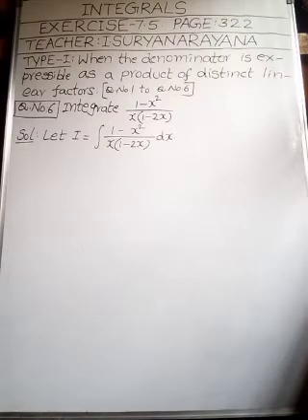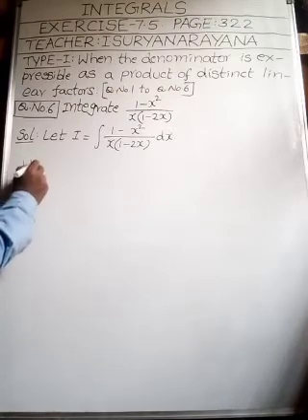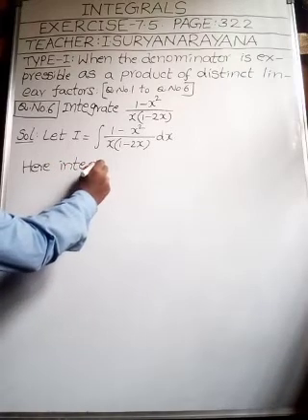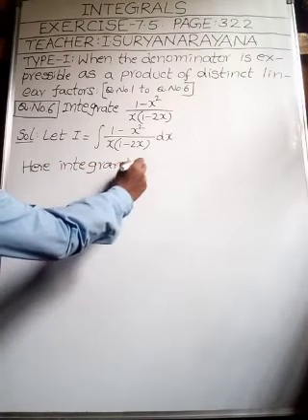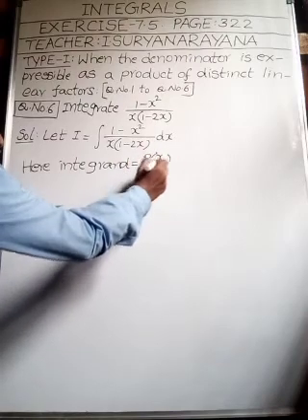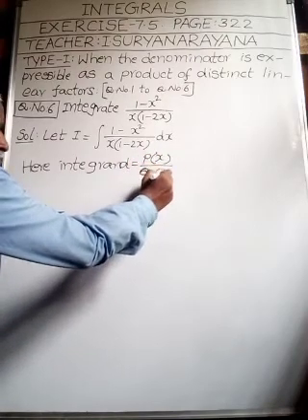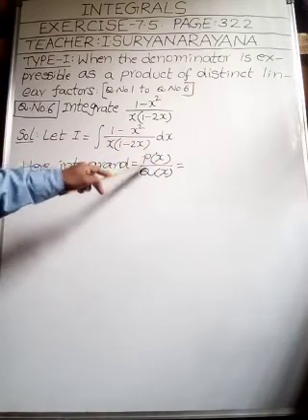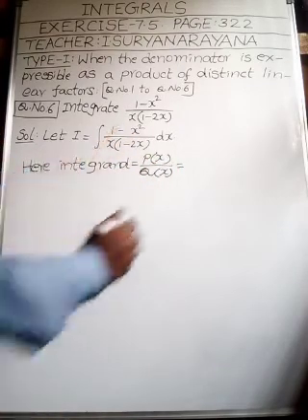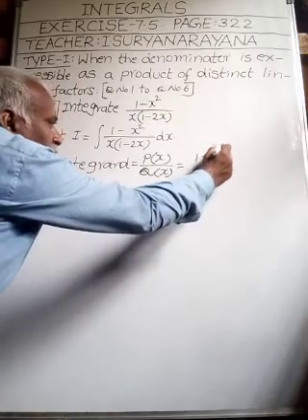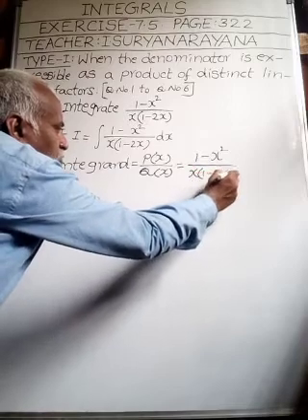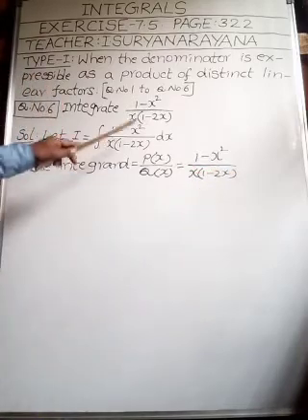Now let us write the integrand. The integrand is p of x by q of x, where p of x is equal to 1 minus x square and q of x is equal to x into (1 minus 2x). This is the integrand.